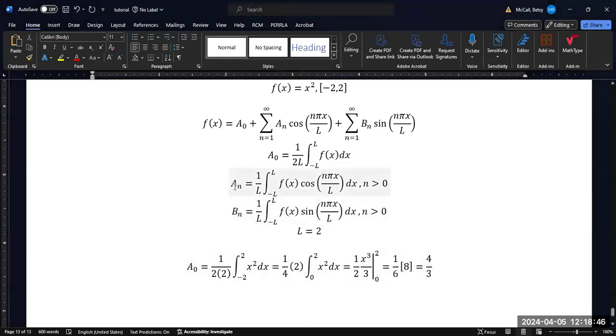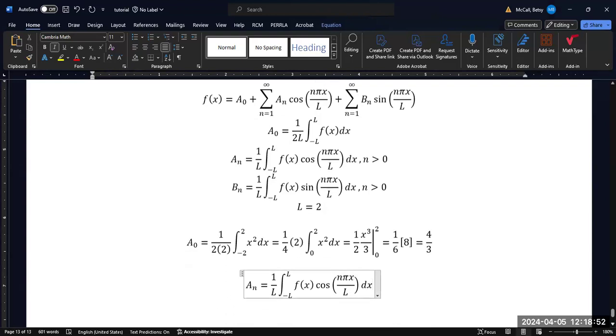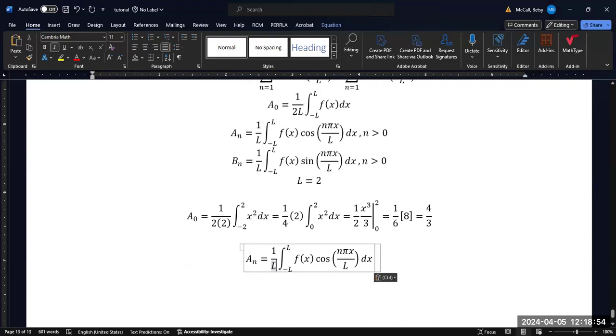So now let's look at an. Again, we're going to replace our L's with 2 everywhere, and f of x with x squared. Now this is an even function times an even function, which is an even function.